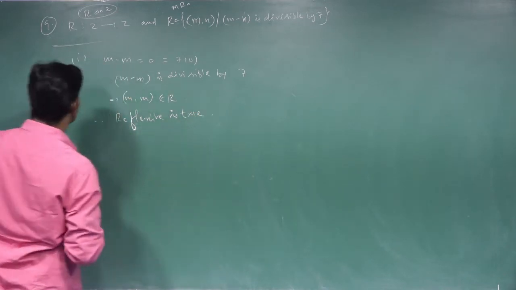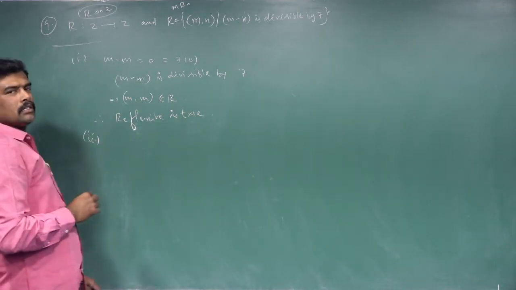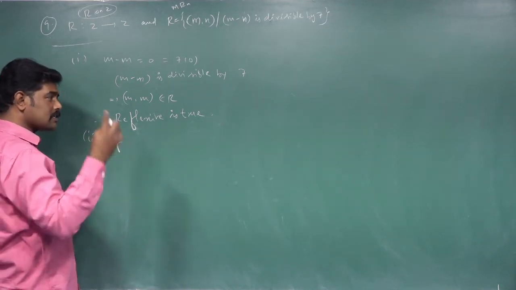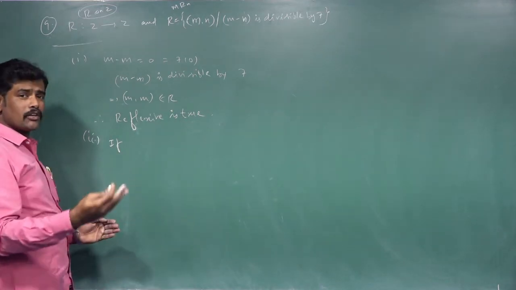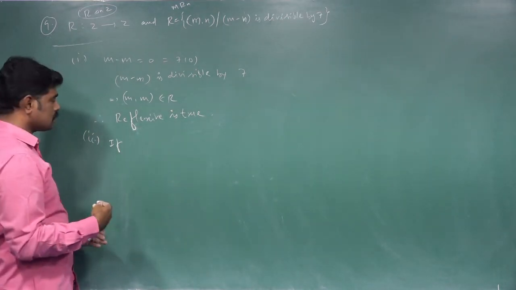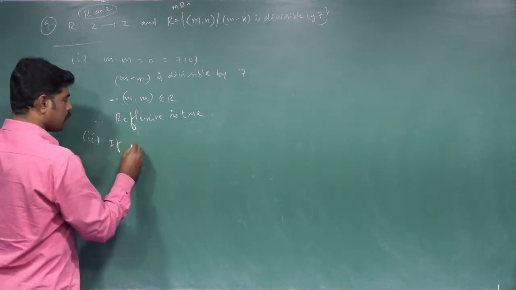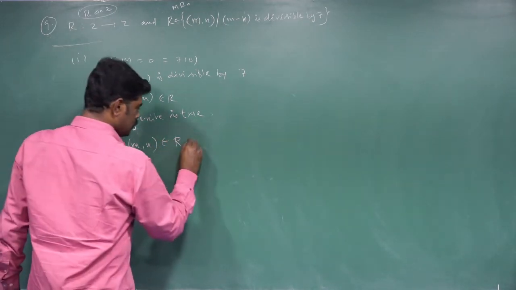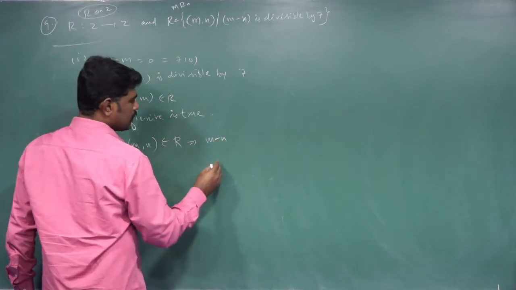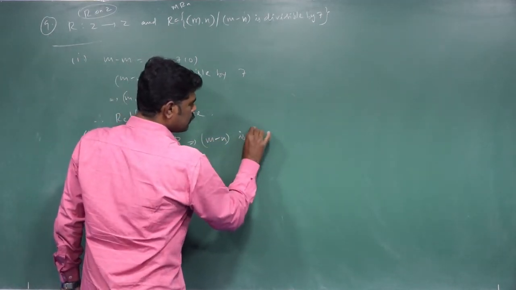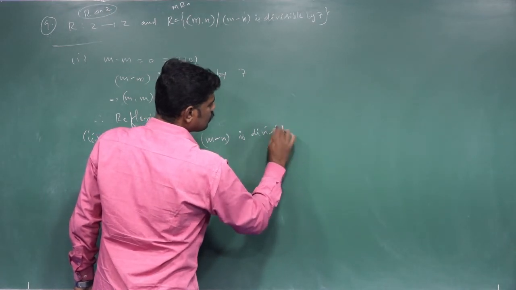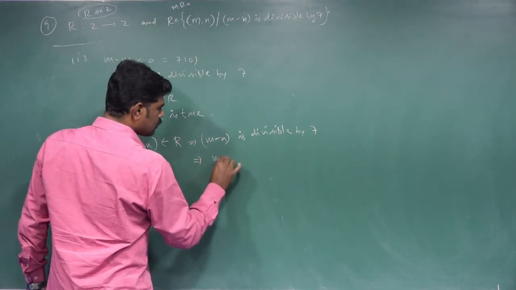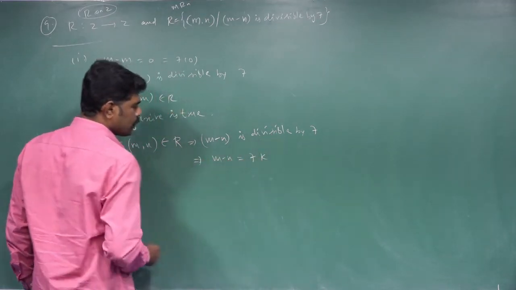Reflexive is true. Second case, symmetric. For symmetric, if M comma N exists in the relation R, then we can go for the pair N comma M. First we should verify M comma N. If M comma N belongs to R, this implies M minus N is divisible by 7. When it is divisible by 7, it is a multiple of 7.